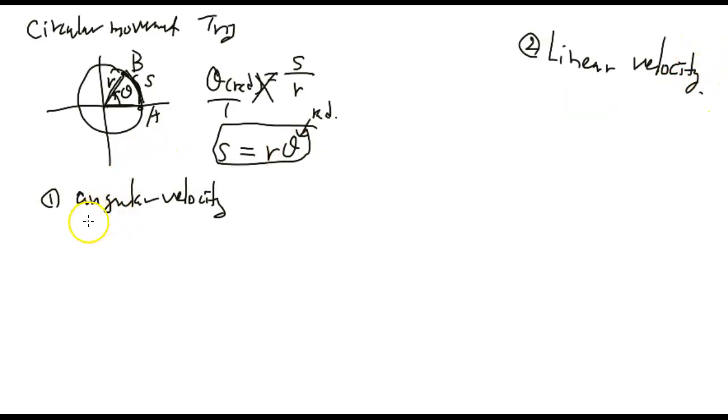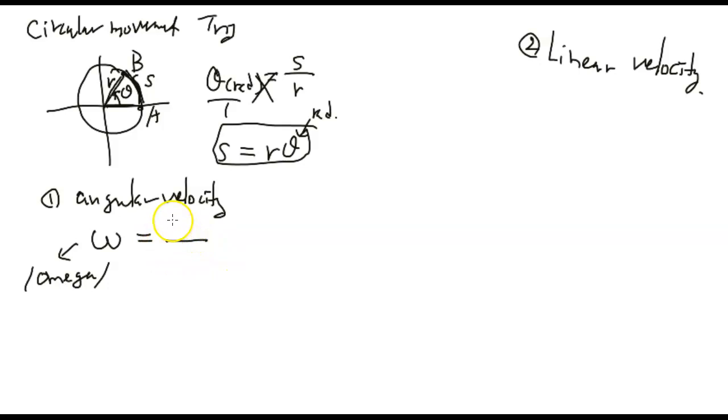How fast do we rotate? If we rotate, an angle is formed. So basically, for angular velocity we use the omega symbol, the Greek small letter omega.